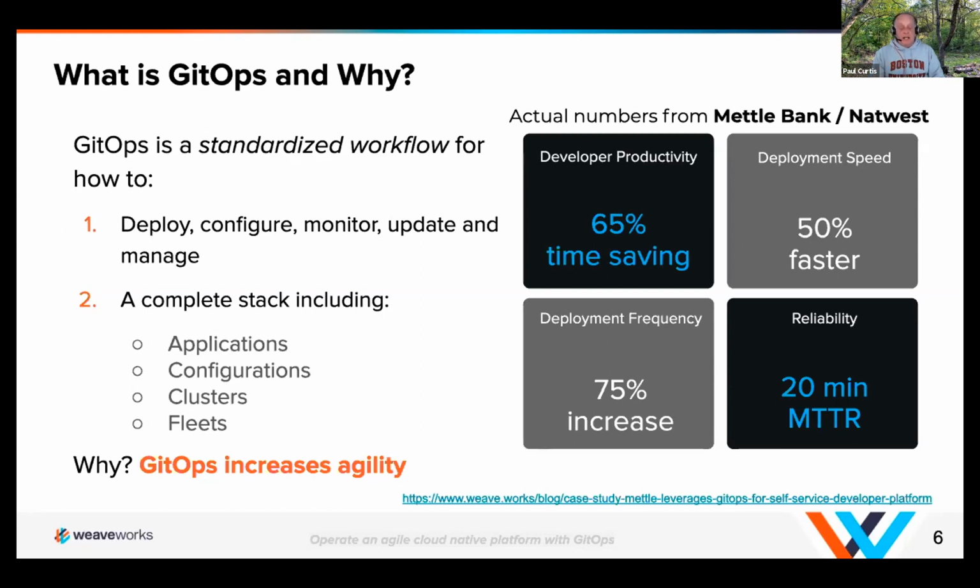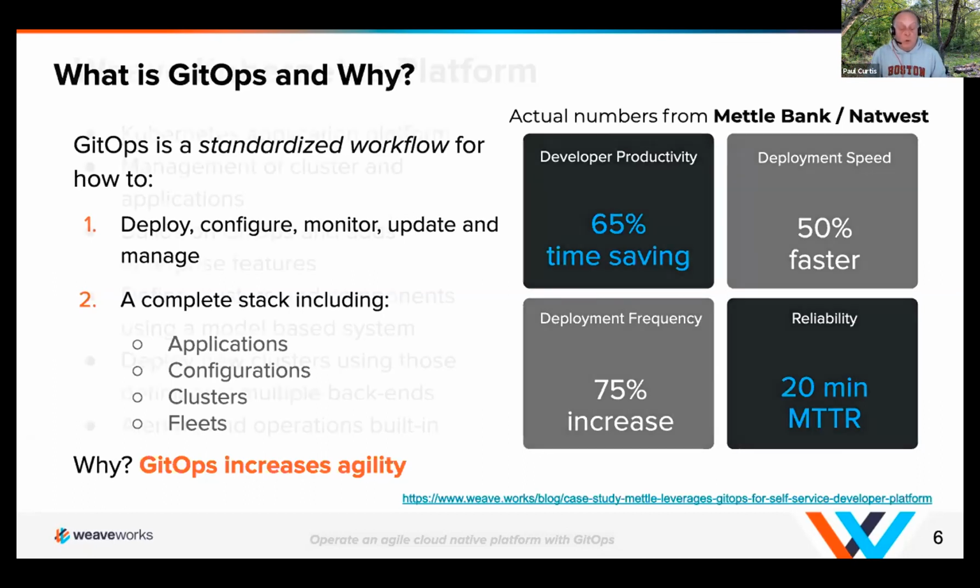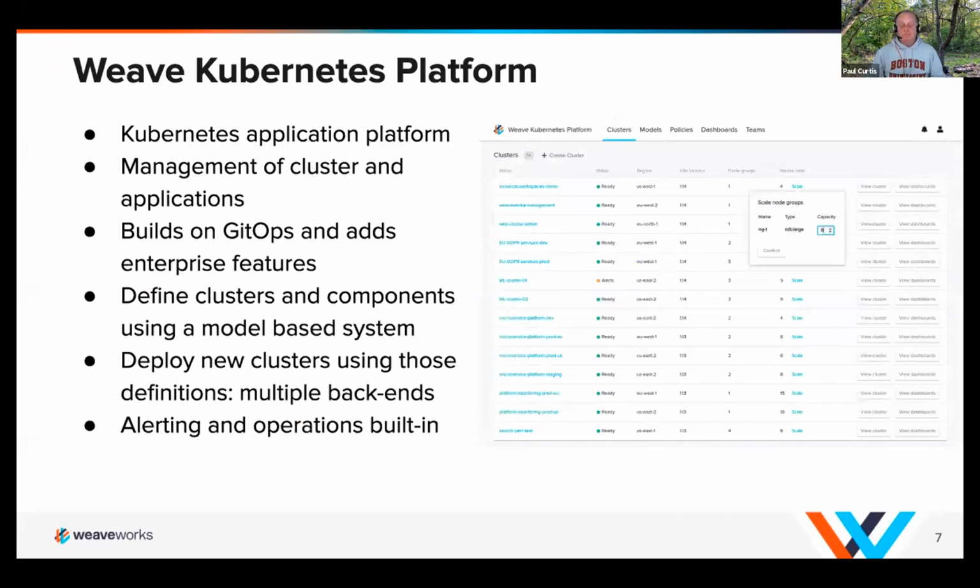And today we're going to talk about Weave Kubernetes Platform 2.4, which we're going to specifically focus on the applications, but you're also going to see the configuration as well. So what is the Weave Kubernetes Platform?